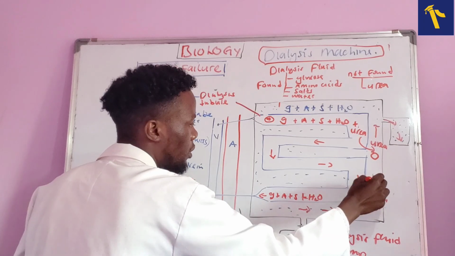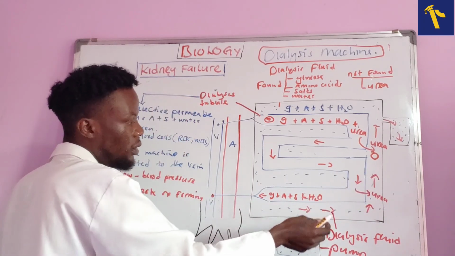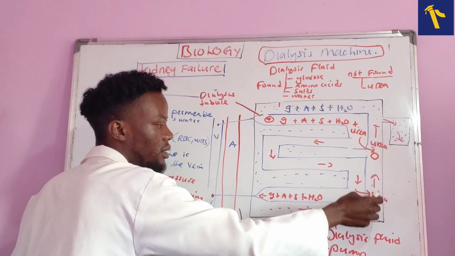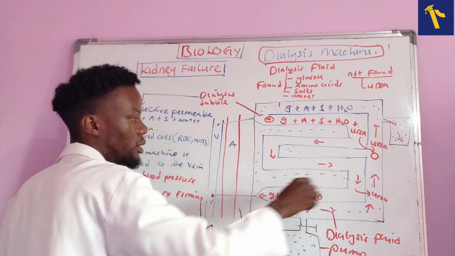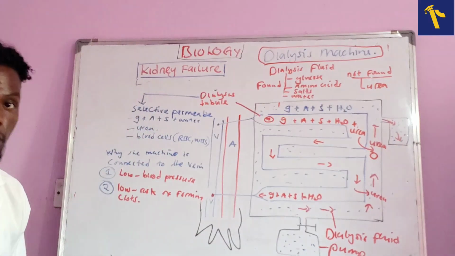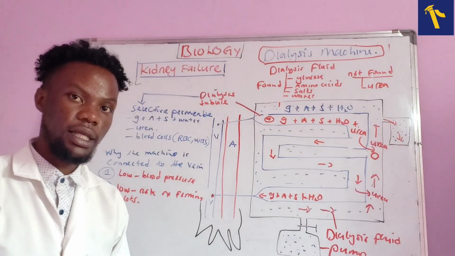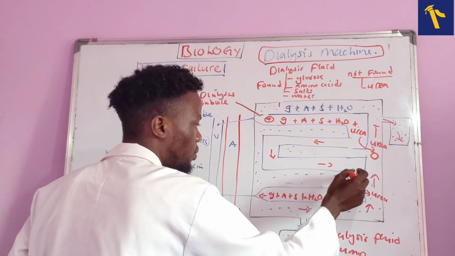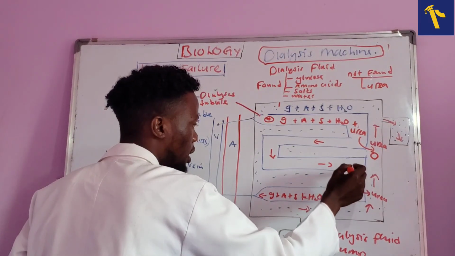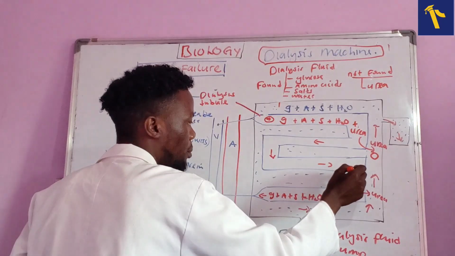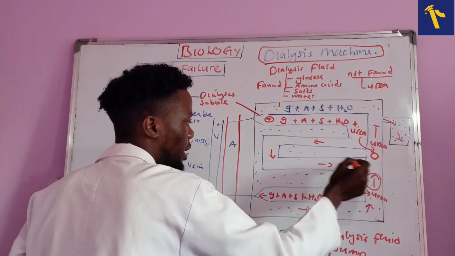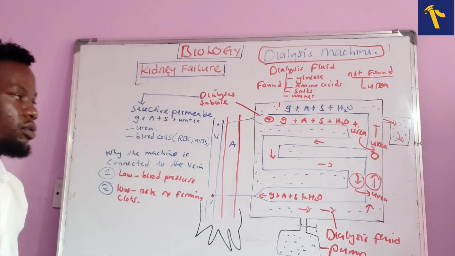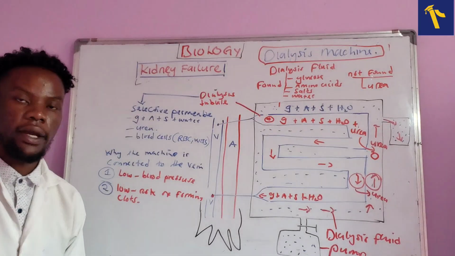As you can see, the direction of the dialysis fluid is opposite to the direction of the fluid or the component within the dialysis tube. So what I'm saying is, this is the direction of the dialysis tube component, and this is the direction of the dialysis fluid. They are in the opposite direction.